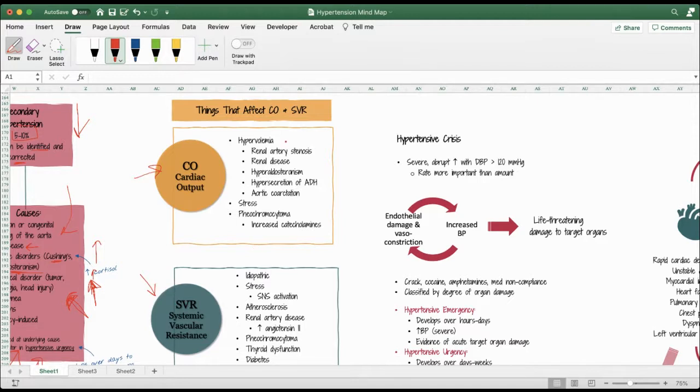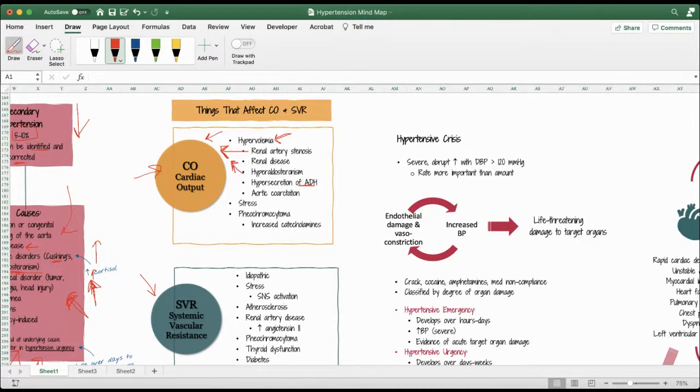So these are good things to think about based on the patho that we just went through. So why does hypervolemia cause an increase in cardiac output, right? Why would renal stenosis affect cardiac output? Why would hyperaldosteronism affect cardiac output? And so on and so on.